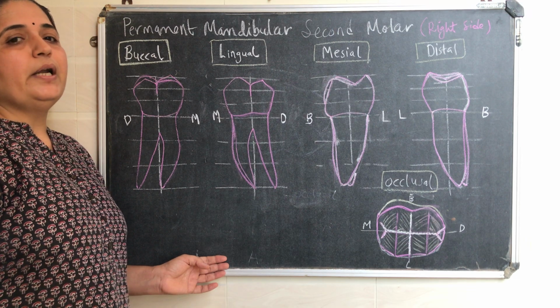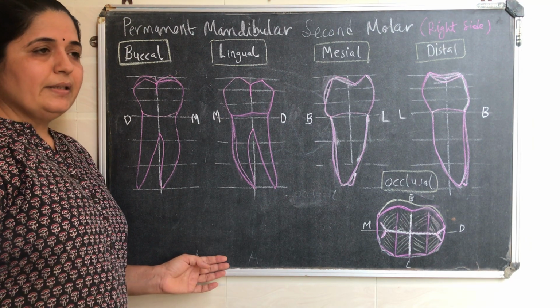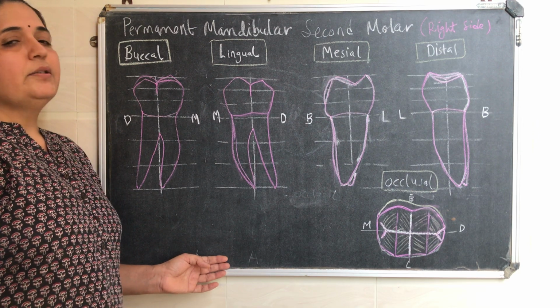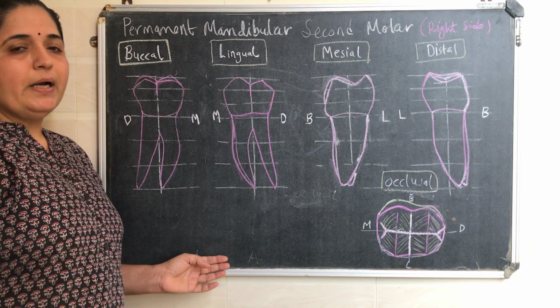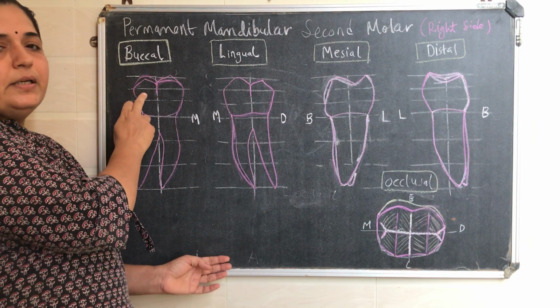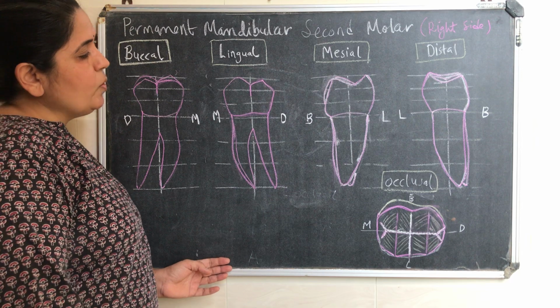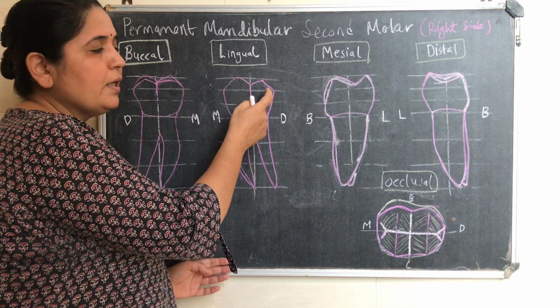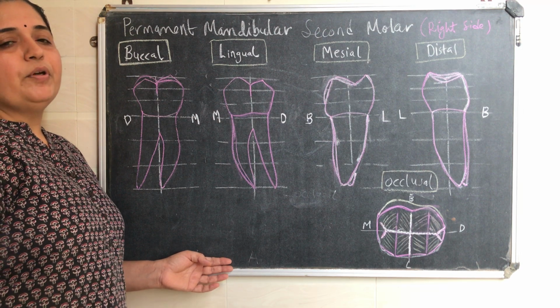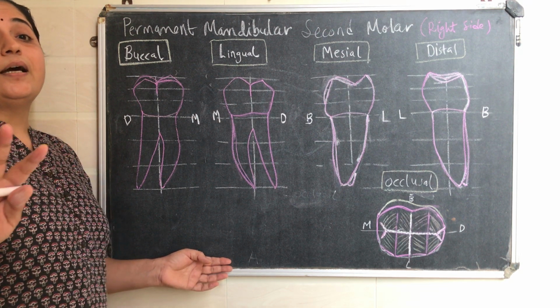So it is having only 4 cusps, that is the 2 buccal cusps and 2 lingual cusps. 2 buccal cusps are mesiobuccal cusp and the distobuccal cusp. 2 lingual cusps are mesiolingual cusp and the distolingual cusp. There is no 5th cusp or the distal cusp.